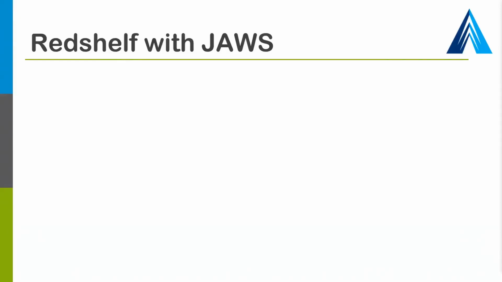again, with Windows, this time with JAWS, a very, very popular screen reader, and using RedShelf, a very popular higher education service providing materials. We're going to use the same title from Macmillan for this demonstration.